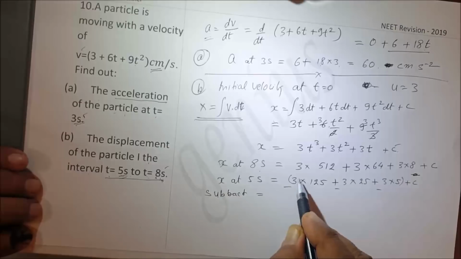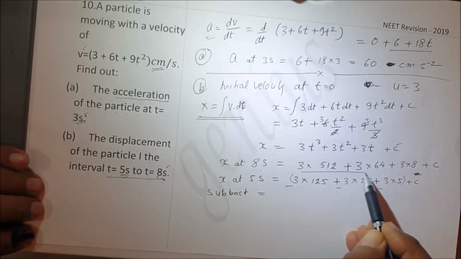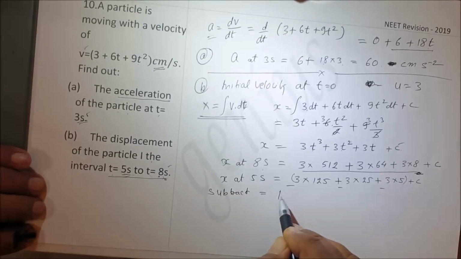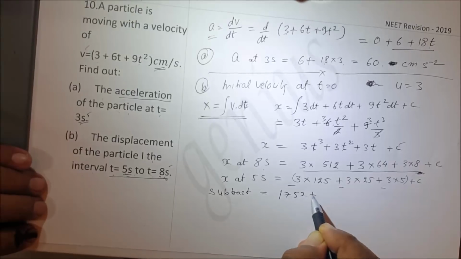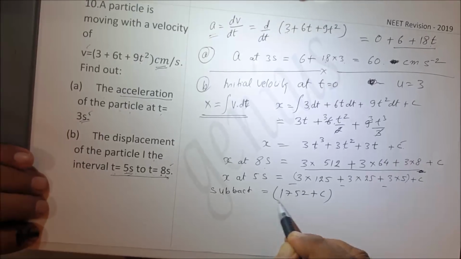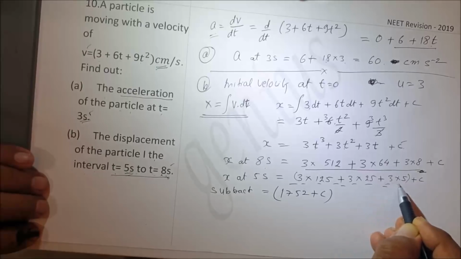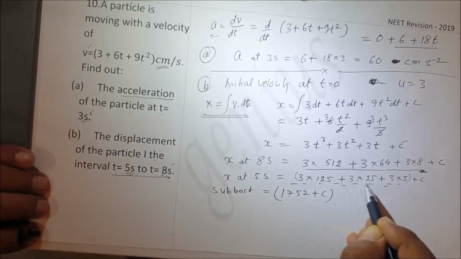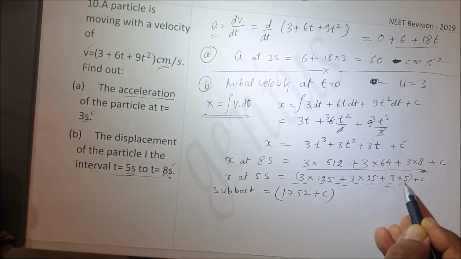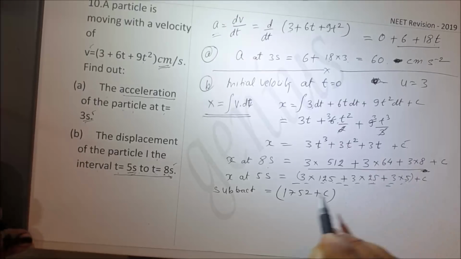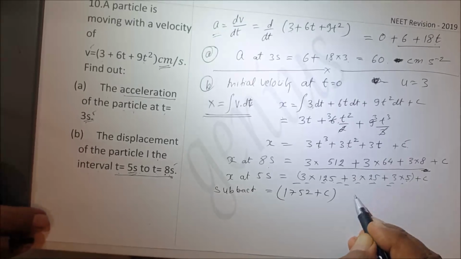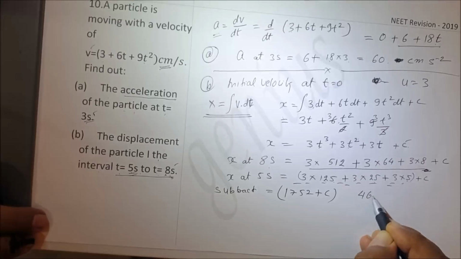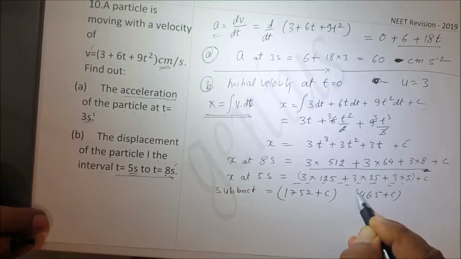So this total comes out to be 1752 plus c, and for this, taking 3 common, 125 plus 25, 150 and 5, 155 multiplied by 3, that is 465 plus c.